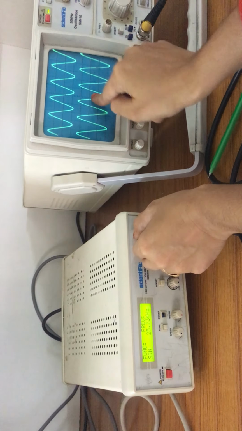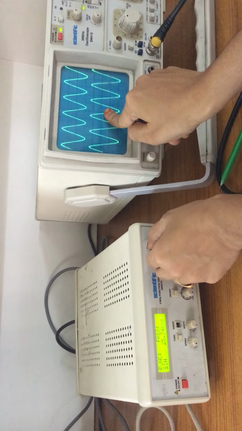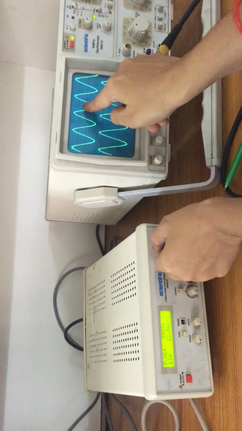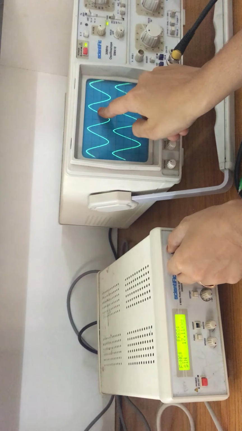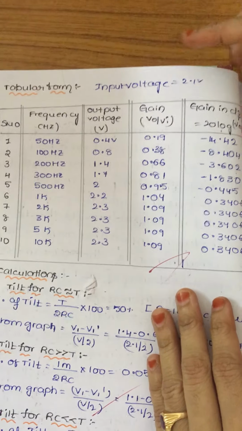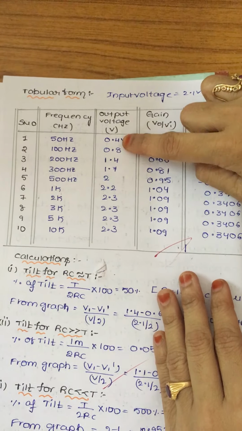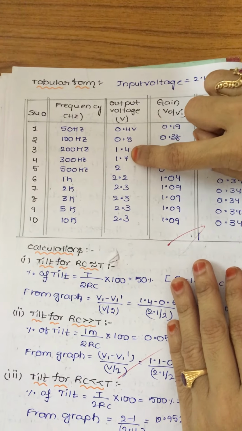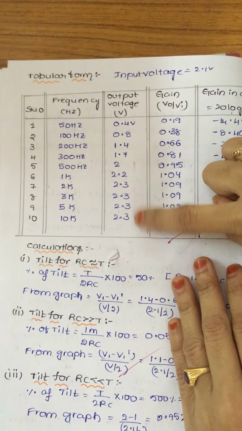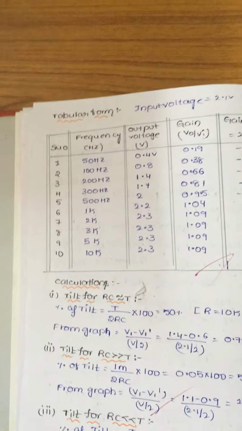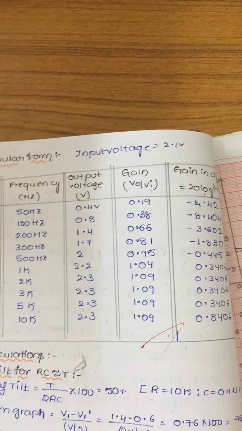Again the same thing: when a sinusoidal signal is given as input to a linear circuit, the output is also a sinusoidal waveform. The output voltages may be like this. When the input signal voltage is 2 volts, at low frequencies the output amplitude is very low. As the frequency increases, the output amplitude also increases.